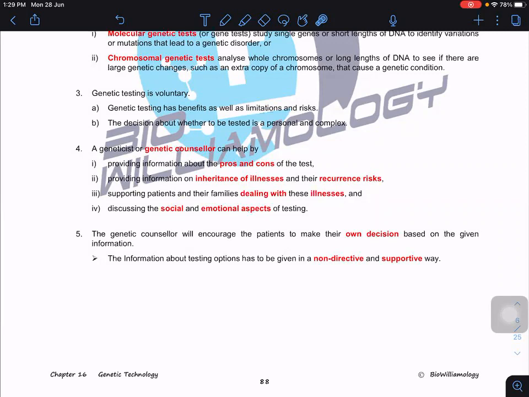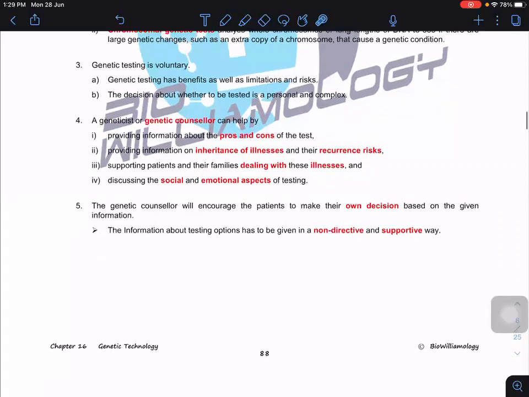Basically, before the test, they will tell you, you may face these kinds of problems, this kind of emotional aspect, so how do you deal with it. Genetic counselors will encourage patients to make their own decision based on the given information. It means that the information must be given in a non-directive and supportive way.